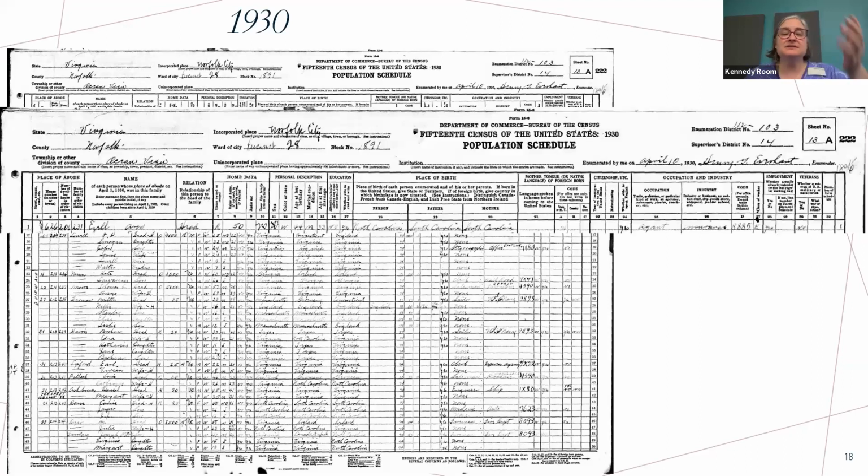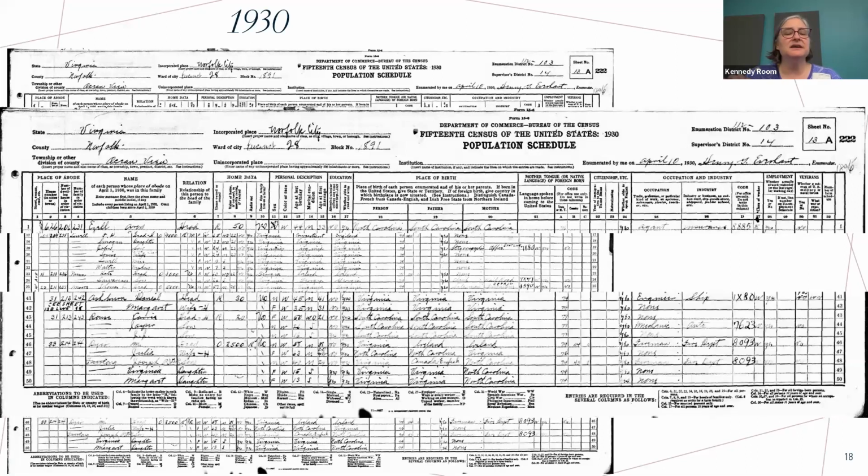So here is the listing, and the family listing is there in the lower part. Again, it asks for road, house number, household number visited, family number visited, name of each person living at the residence as of April 1st, relationship of head of household, and then home data to the head of household, whether the home was owned or rented, the value of home or monthly rental.